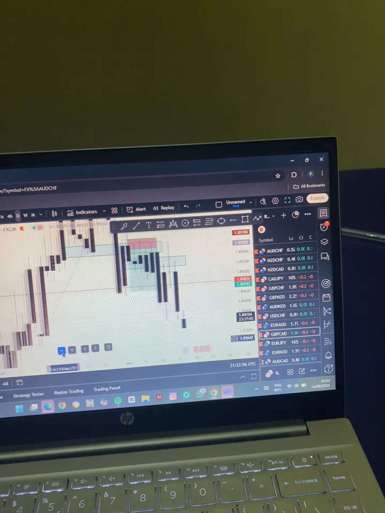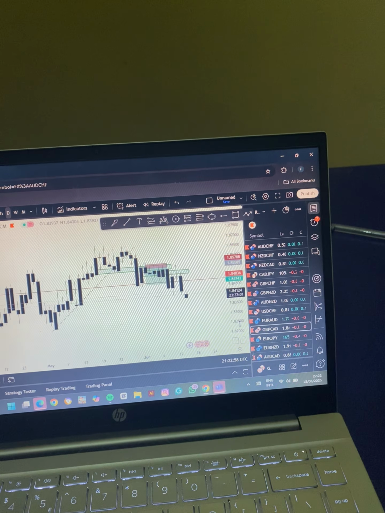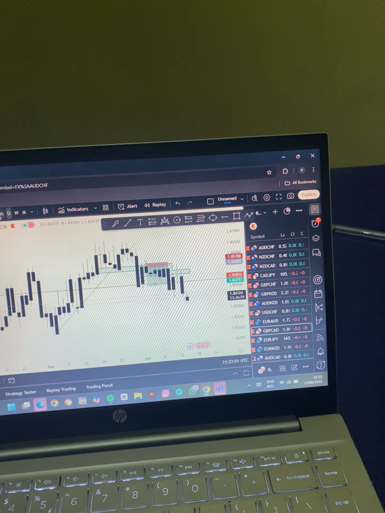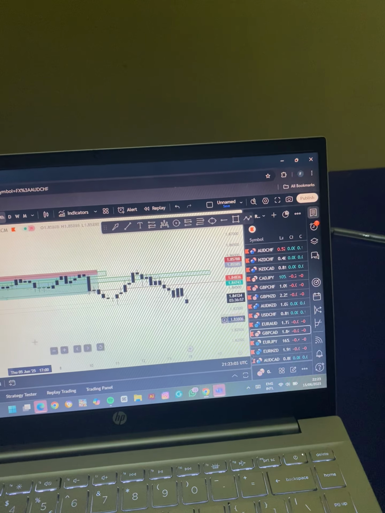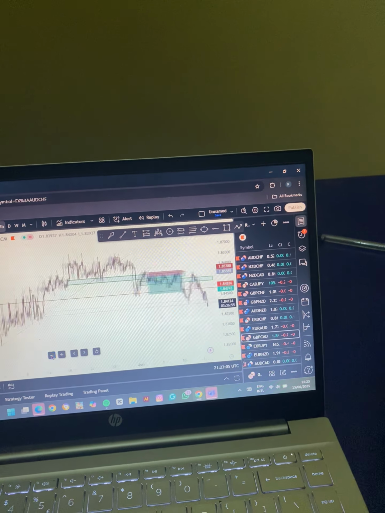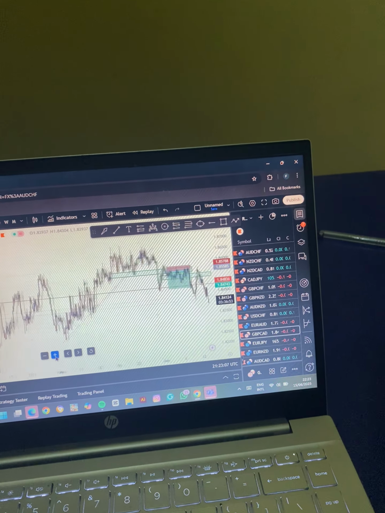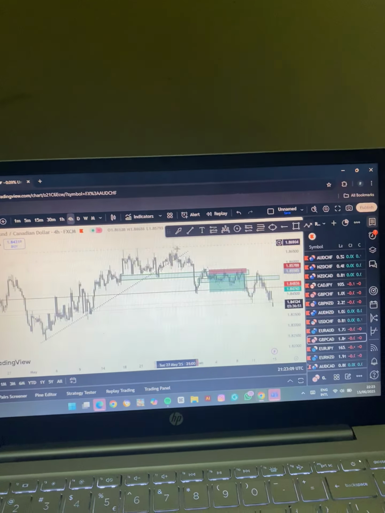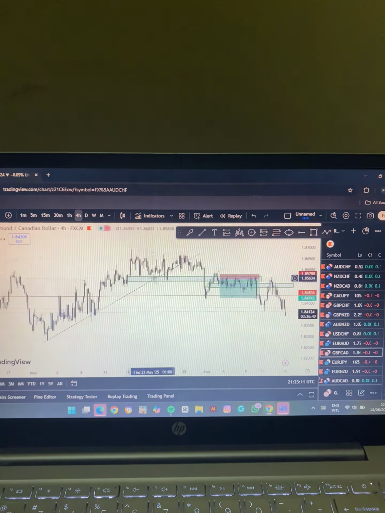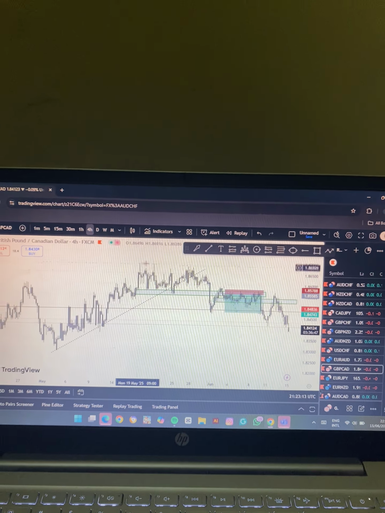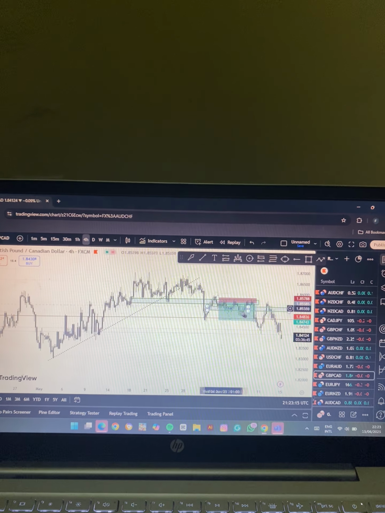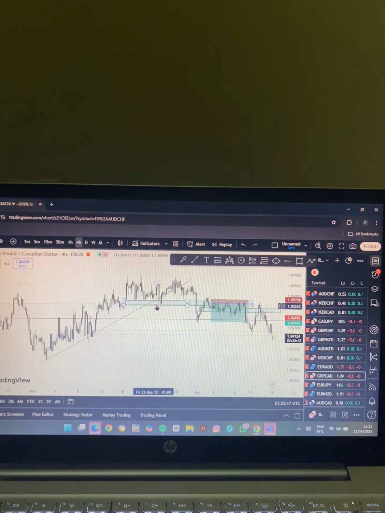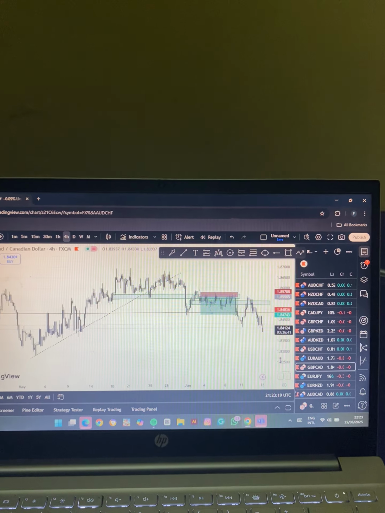Then the analysis behind this trade, from the lower time frame, you see the uptrend, the price broke the uptrend trend line, creating a double top, break of structure, then price reacting below the neckline.